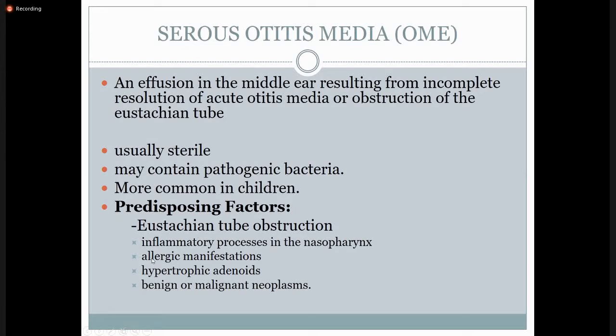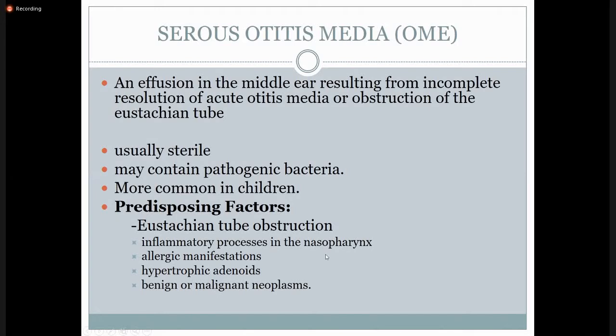A predisposing factor is nasal allergy, mostly common in children. Allergic manifestations are there, nasal blockage or runny nose, hypertrophic adenoids, which are adenoid collections in the nasopharynx. This is the most common condition in the children under 11 years or before puberty. They may lead to eustachian tube block and in turn leading to serous otitis media, which is collection of fluid inside the middle ear cavity because of imbalance of pressure.